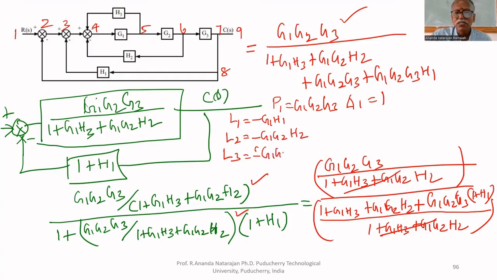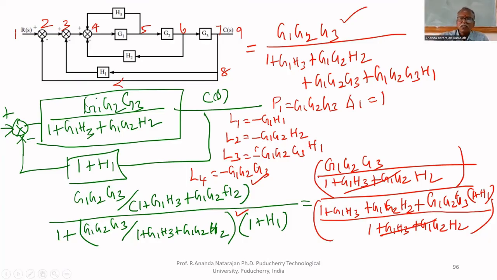Minus G1, G2, G3, H1. One more loop, L4. That is L4 equal to the same path. The forward path is the same, G1, G2, G3, and we have to follow this path. Then L4 is minus G1, G2, G3. How many elements? 1, 2, 3, 4. Here we got 4 loops.